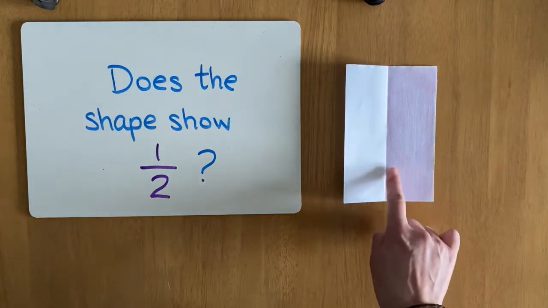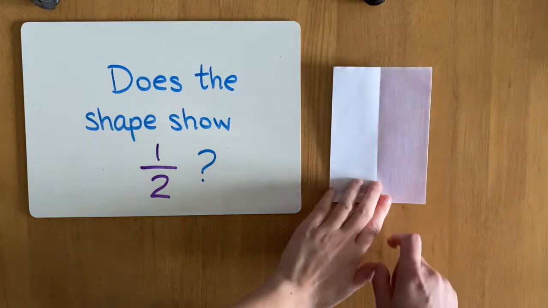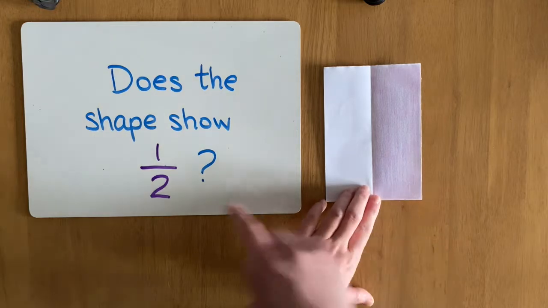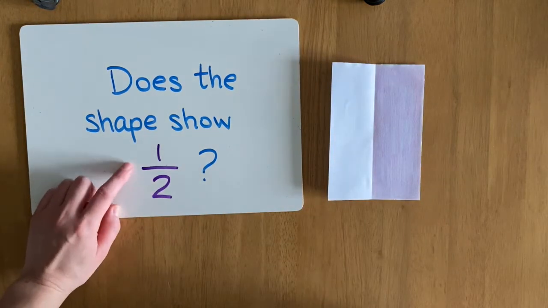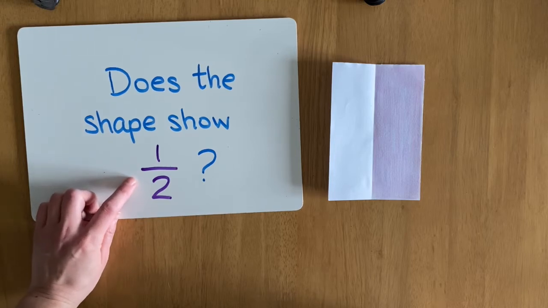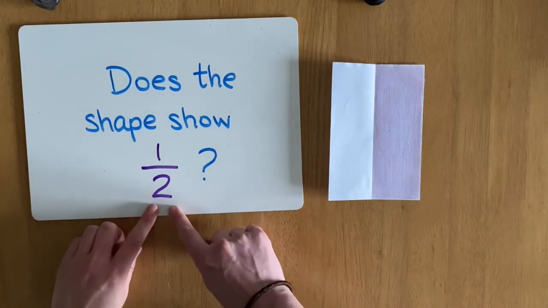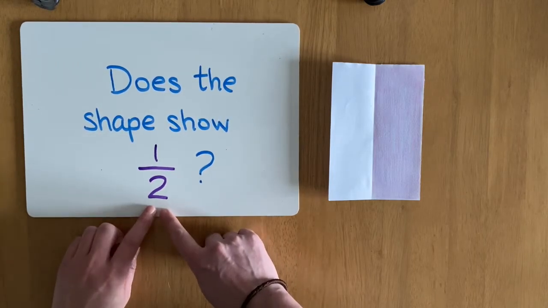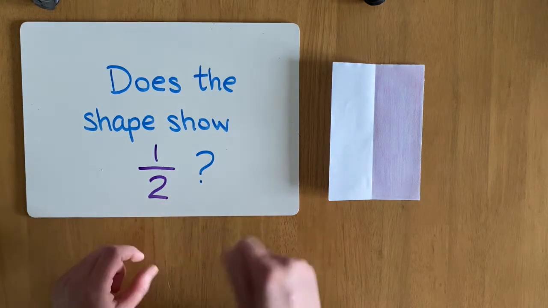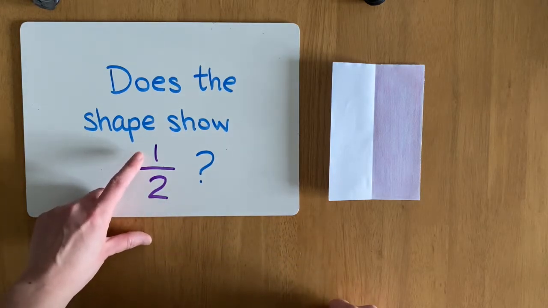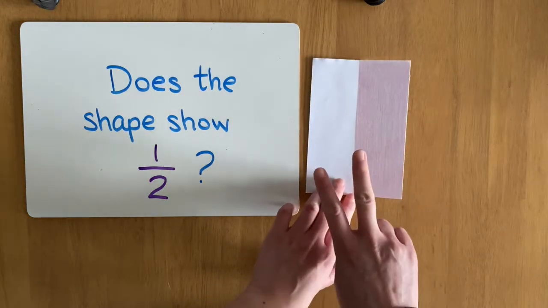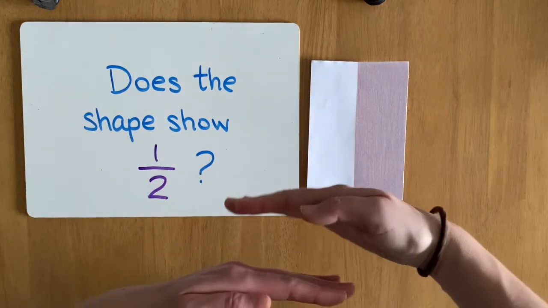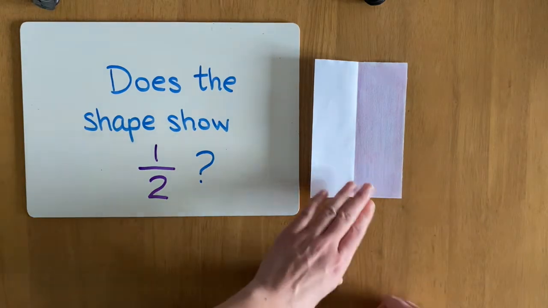So here is our first shape. Does this shape show 1/2? Let's think about what 1/2 actually means. We split it into 2 equal parts and we hold, or we color in, one of those parts. Is this shape split into 2 equal parts?